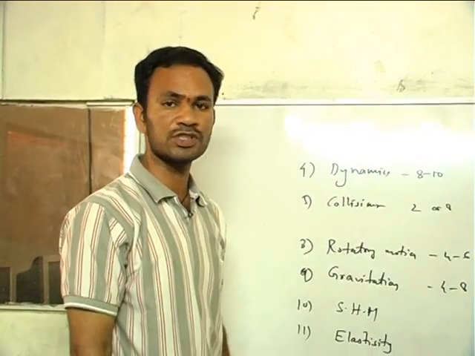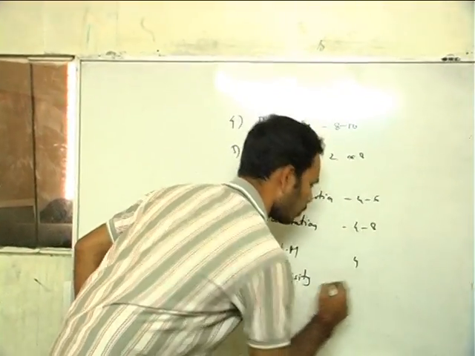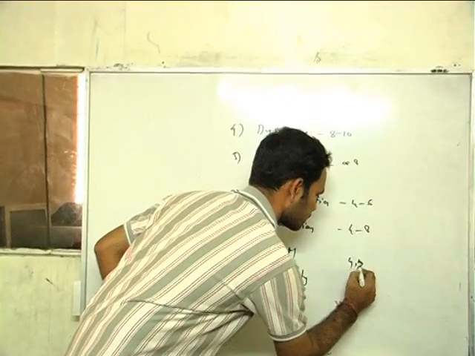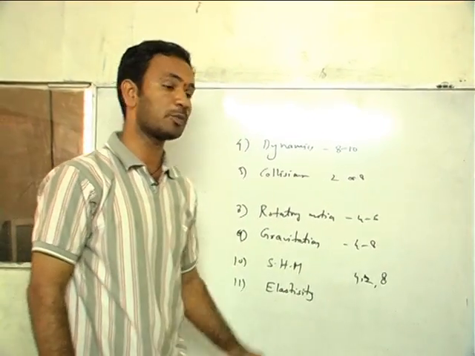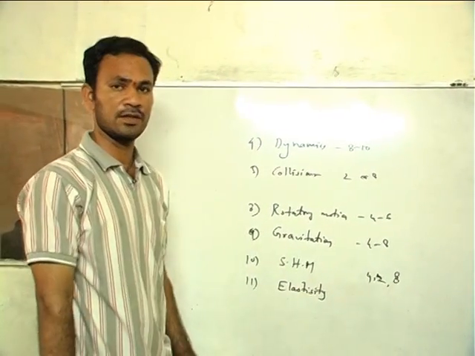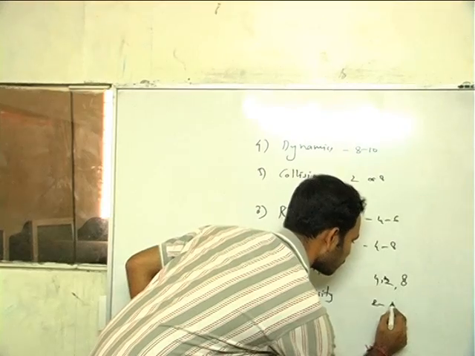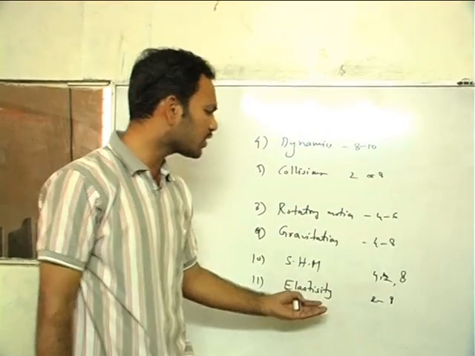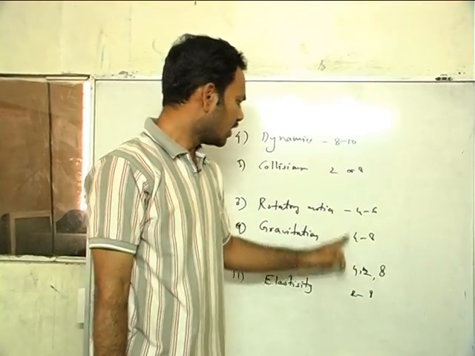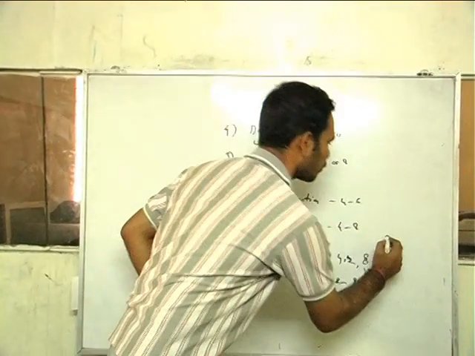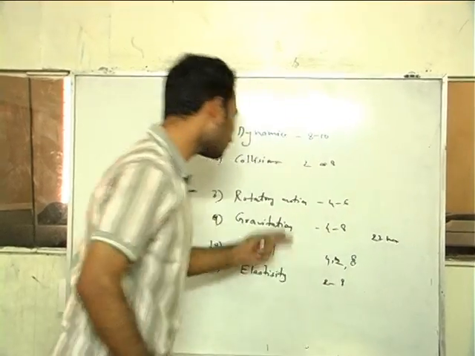In simple harmonic motion, we can get one problem, 4 marks or any 2 marks, and one more question is a long answer. These long answers give 8 marks. And in elasticity, we can get 2 to 8 marks, either one long answer question or one 2 marks question. So here averagely we can get 22 marks in these 4 chapters.